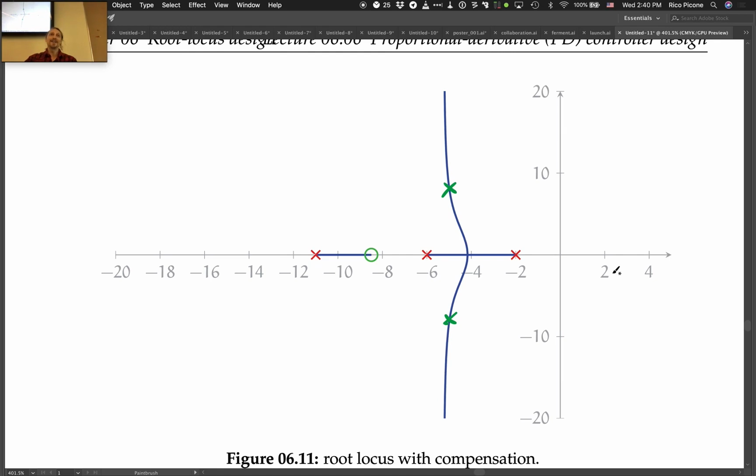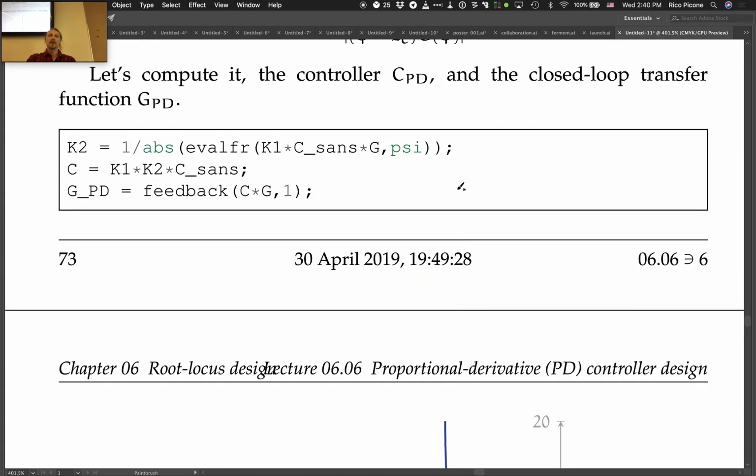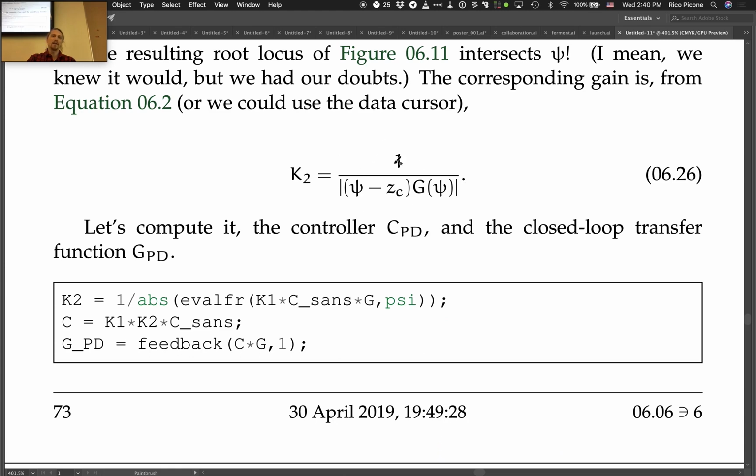Mathematically guaranteed. So it's good to check your root locus and make sure it looks right, but it should be right on the money. So you can once again use the data cursor to tune your K2, to choose your second gain that corresponds to that location. But since you're guaranteed mathematically to have a root locus that goes through that point that you want, psi, you can actually just use this nice analytic expression too, which is what I do here.